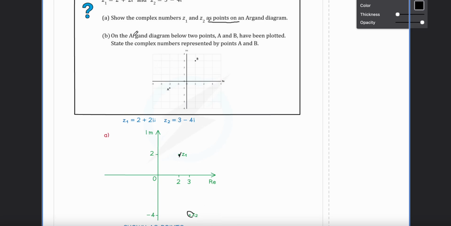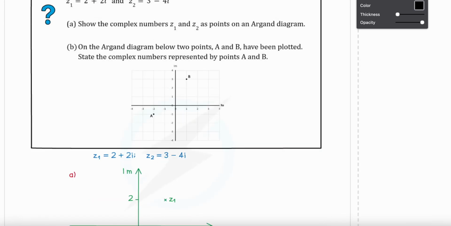And on the Argand diagram below, 2 points A and B have been plotted. State the complex numbers that are being represented. Okay, so we want to know this point A and the point B. So our complex number, we know it's of the form x plus yi, right?